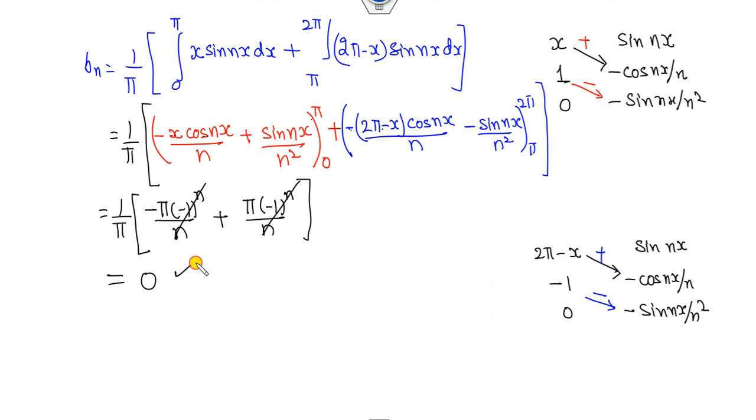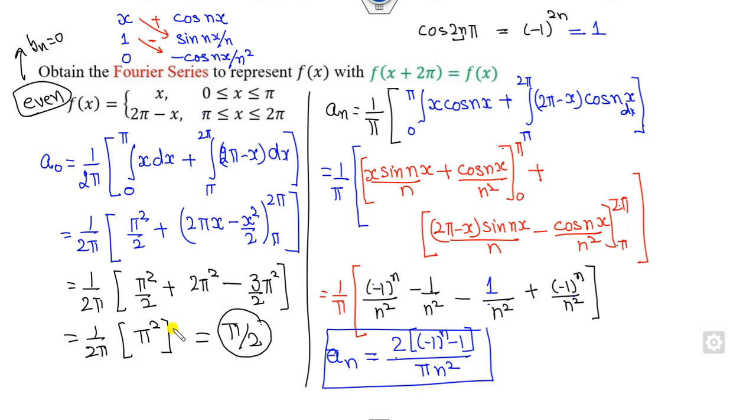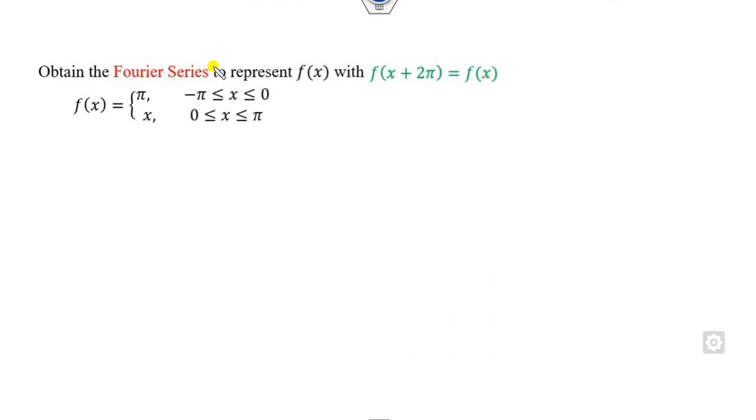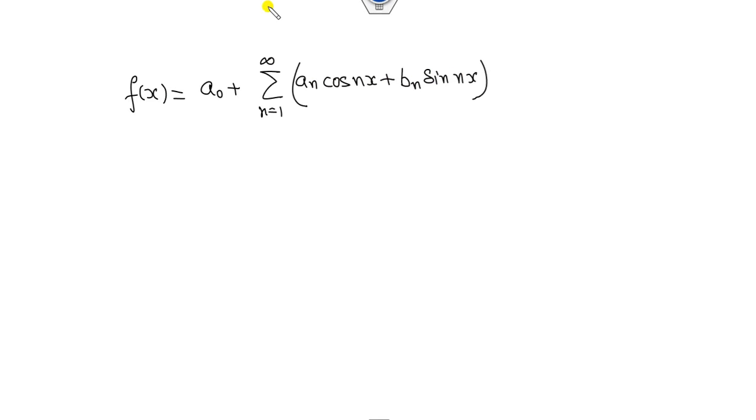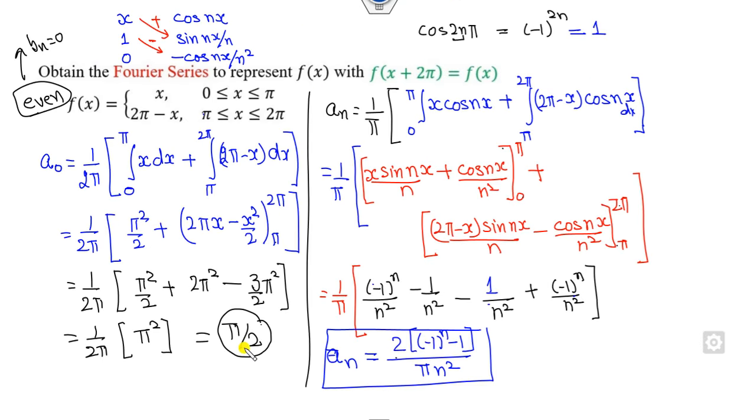So now you have the bn, you have the an, and you have the a0. So what is the final solution of this problem? The Fourier series will be a0 plus summation 1 to infinity of an cos nx plus bn sin nx. So what is the value of this? a0 is pi by 2.